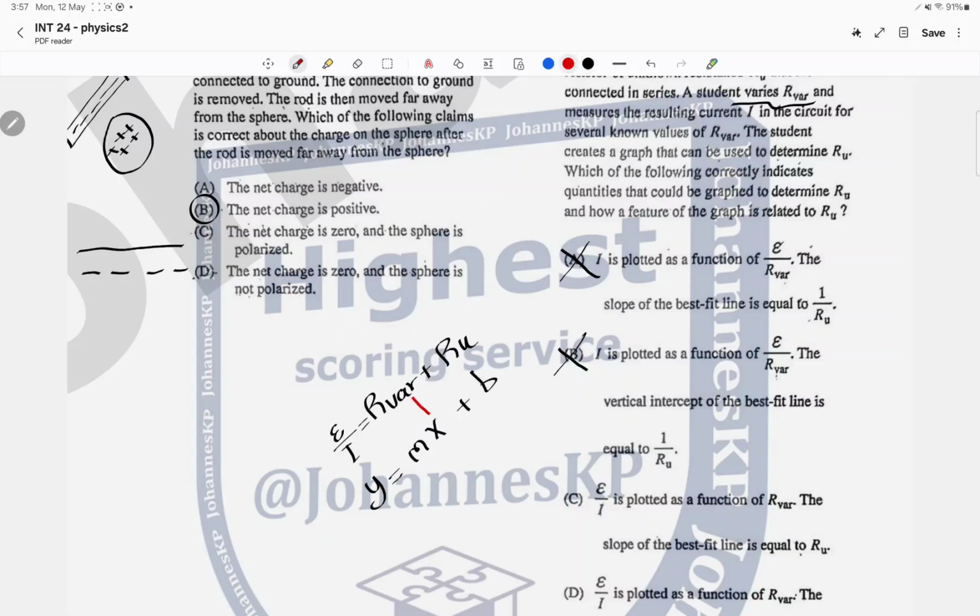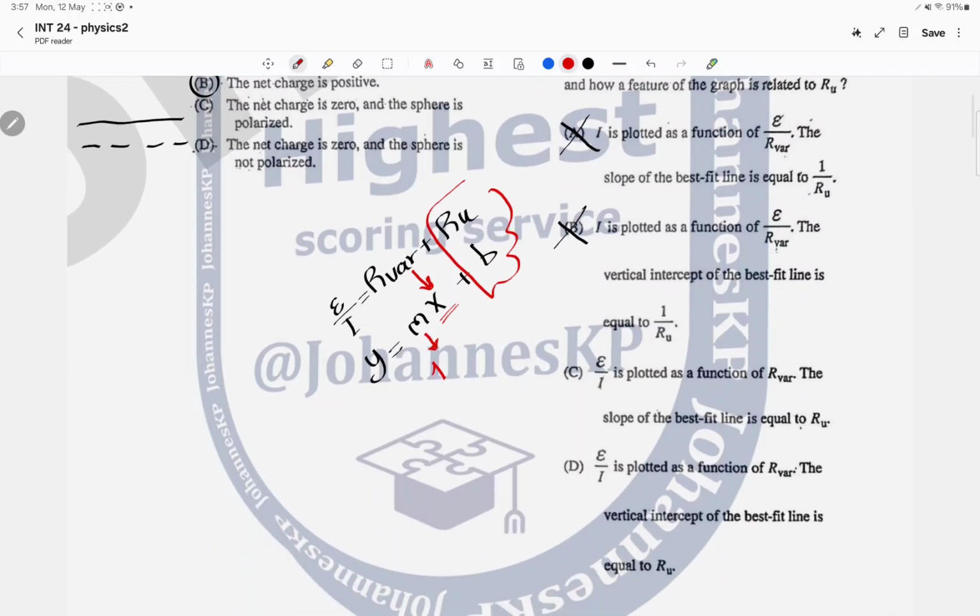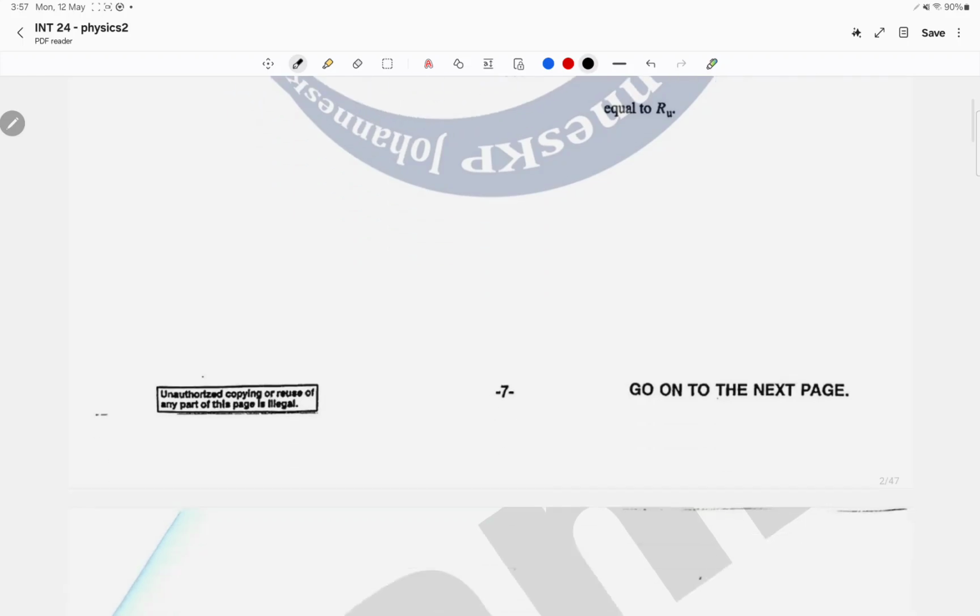This is the x, the R var. And the m is 1. And the y-intercept, which physics guys call vertical intercept, is the R U. Okay. So it's going to be D. D as in dog. What do you think? Or David. David is probably better. Yeah, you're right, David.